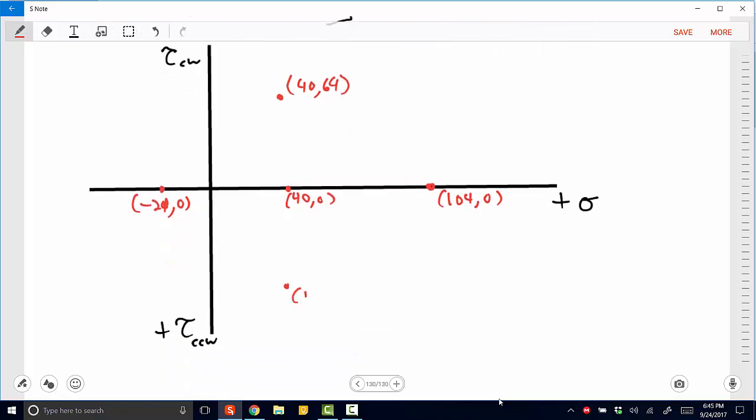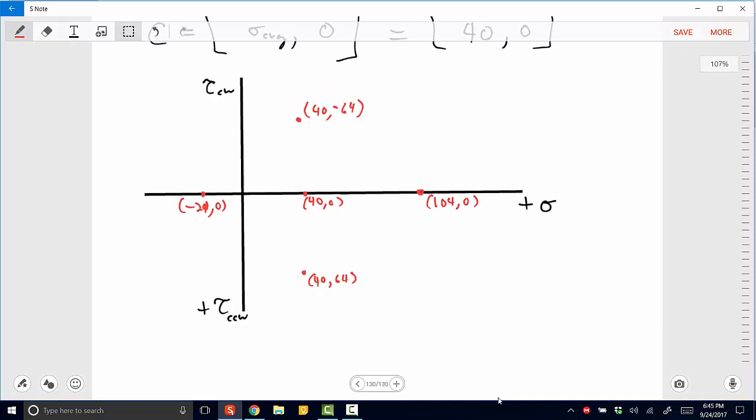And here is 40, 64. So we don't have to put the cents in there if we don't want to. Or we can. In fact, why not? Let's put the cents in here, just to be consistent. Negative 64 here, right? So now we've got our 5 points of interest, and maybe I need to move these up a little bit so we can get a nice looking circle.